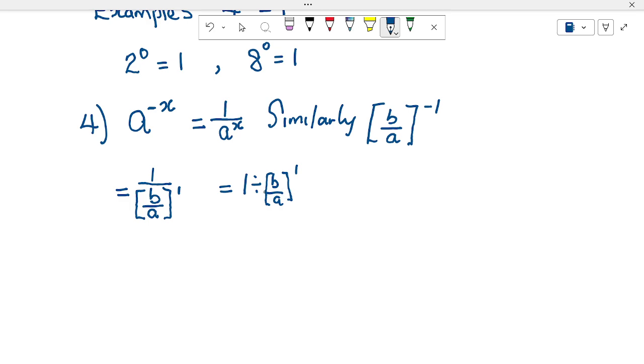Anything raised to power 1 is that number. For instance, x raised to power 1 is x, 3 raised to power 1 is 3, and so on and so forth. So this gives us 1 times, if you're changing this from division to multiplication, basic mathematical principle states that it will somersault.